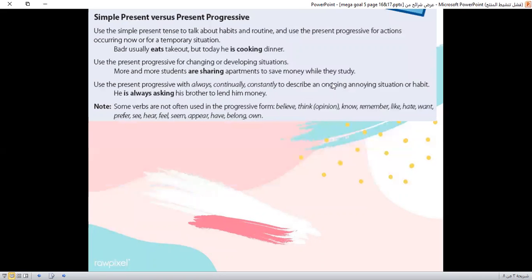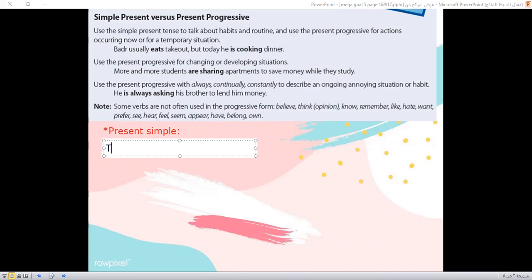Now we're going to compare the present simple with the present progressive. First I need to write, if you remember, we always write it in school as a mathematics rule. So you will start with the present simple. In the present simple, we have two sections.